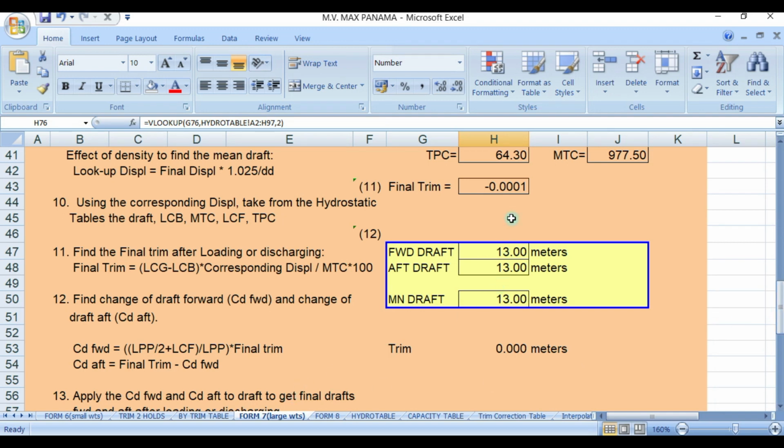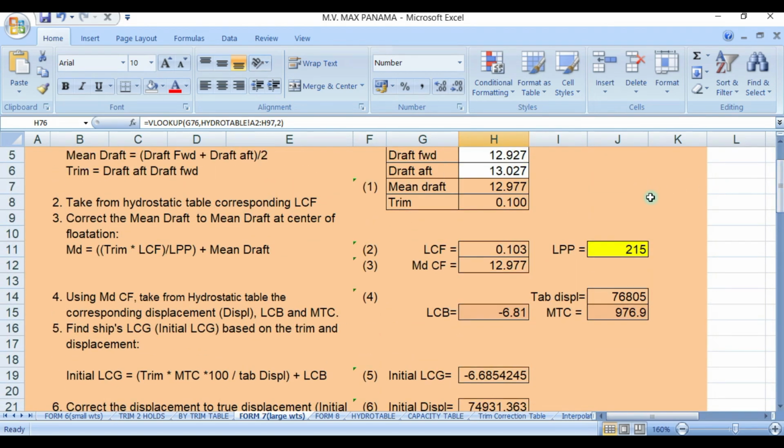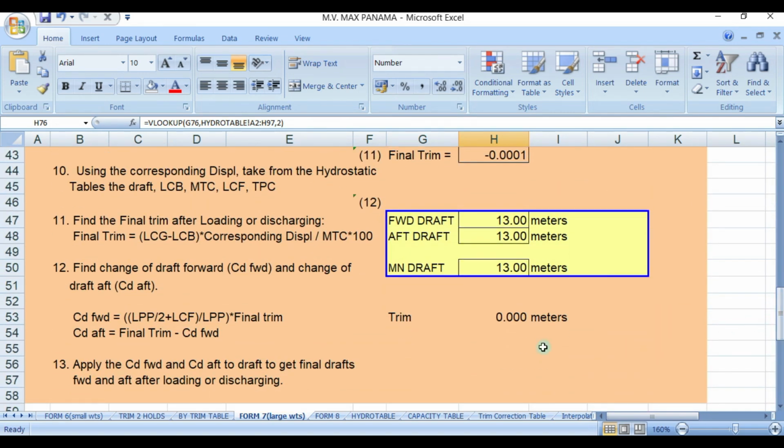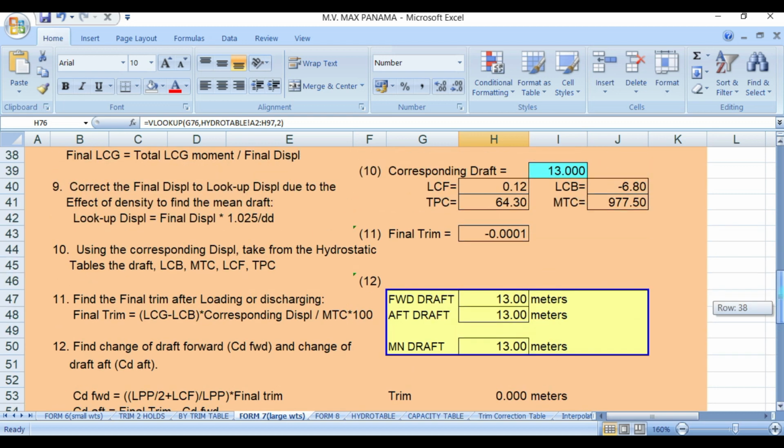But for the sake of computation, to get your change of draft forward, this will be your formula. LPP, which is 215, over 2 plus your LCF, divided by LPP, which is 215, times final trim.